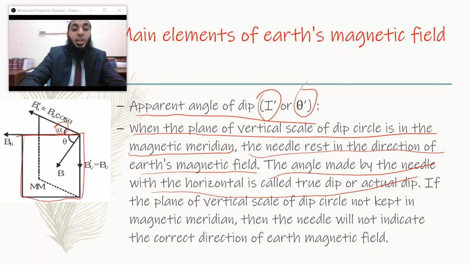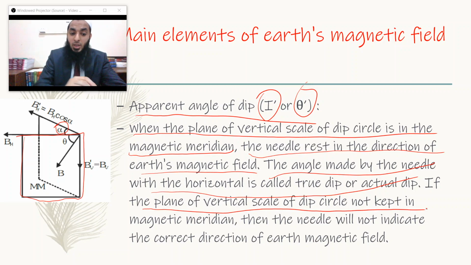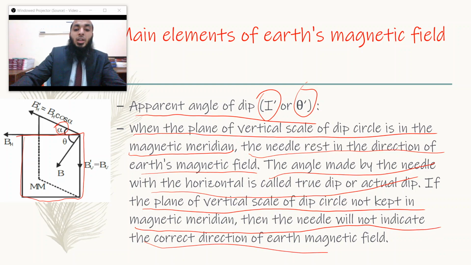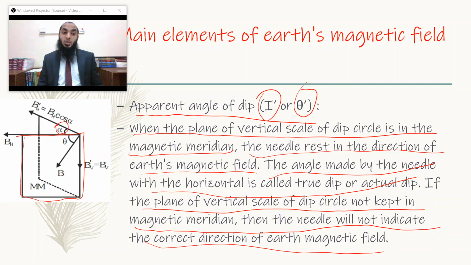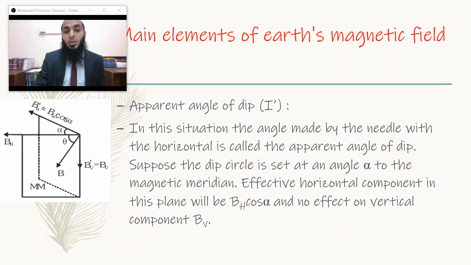But if the plane of the vertical scale of the dip circle is not kept in the magnetic meridian, then the needle will not indicate the correct direction of the Earth's magnetic field. So that will be a faulty value. The angle shown there will be faulty. In this situation, the angle made by the needle with the horizontal is called the apparent angle of dip.